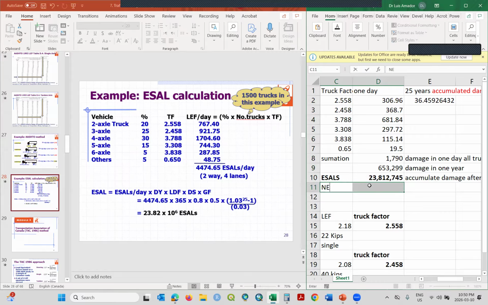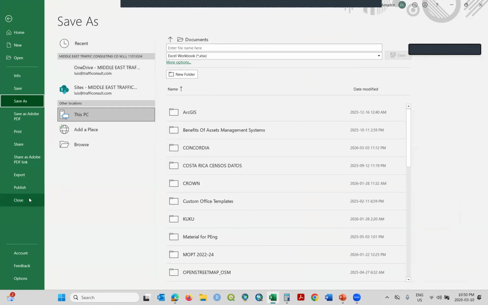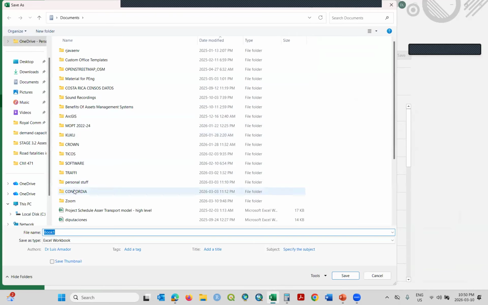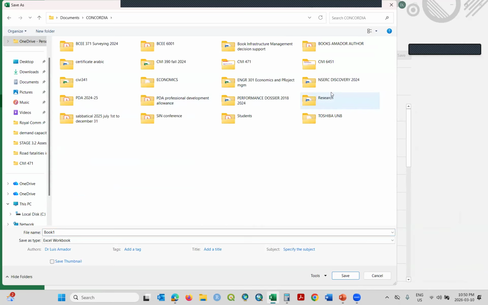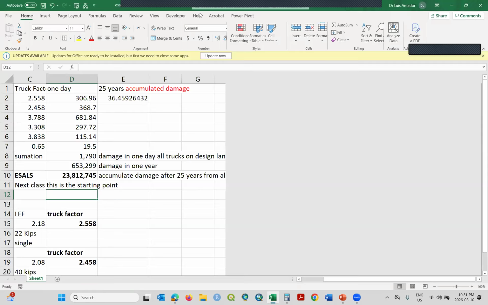So in the next class, this is the starting point, this value that we have here. Okay, let me just save this calculation on Excel. I will post this online, okay?